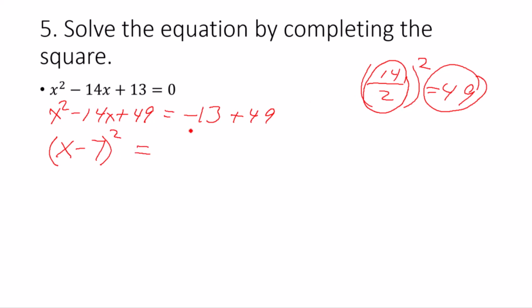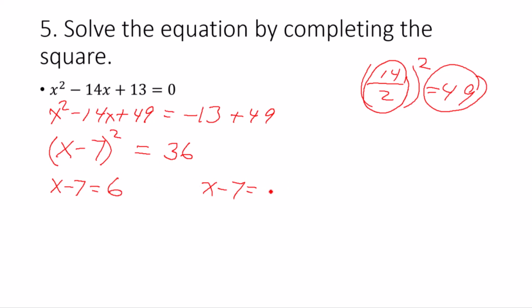On the other side, we'll combine those two, and that gives us a nice 36. We won't have to work with i's this time, will we? Take the square root of both sides of just x minus 7, and to make sure we don't forget, we'll write it twice because this is a quadratic. It'll have 2 solutions. And the square root of 36 is 6.